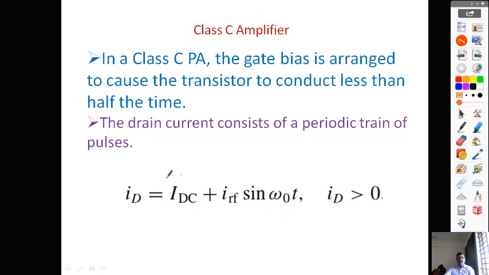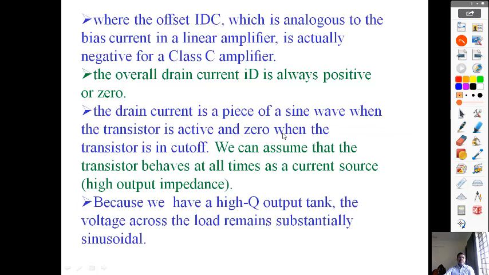Actually, the IDC will be negative most of the time, where the offset IDC is analogous to the bias current in a linear amplifier. Remember, this is not a linear amplifier. Class A amplifier is a type of linear amplifier. So here the IDC is analogous to the bias current in a linear amplifier. It is actually negative for a class C amplifier.